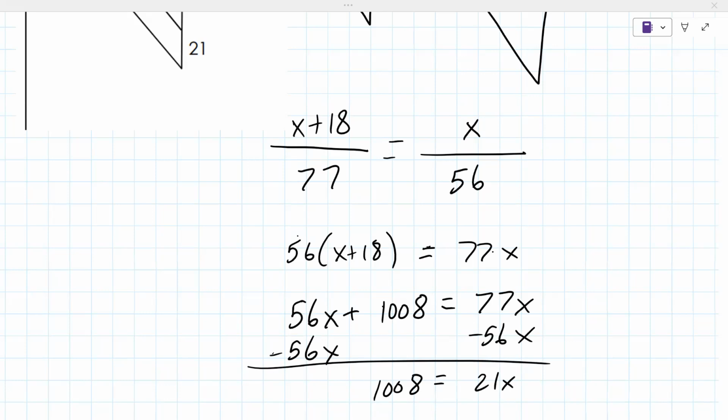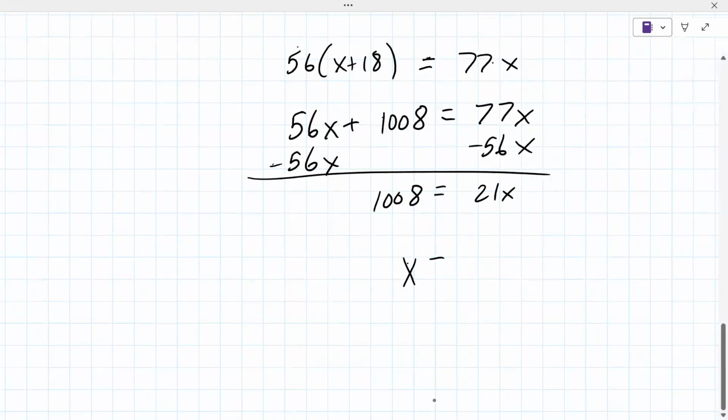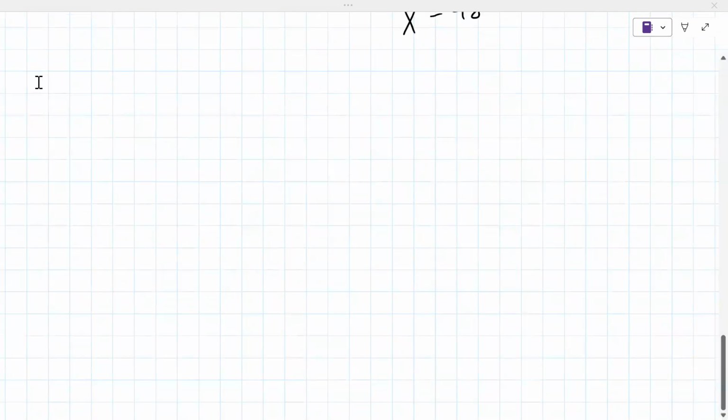That would be 48. Yes, perfect. All right, good job. Let's look at another one here. It's always a little rough starting out, but we'll get it.